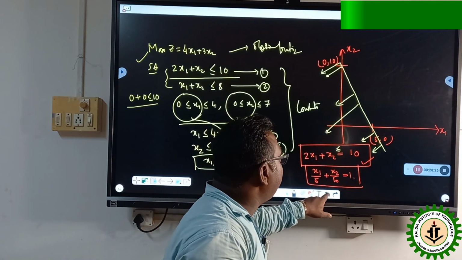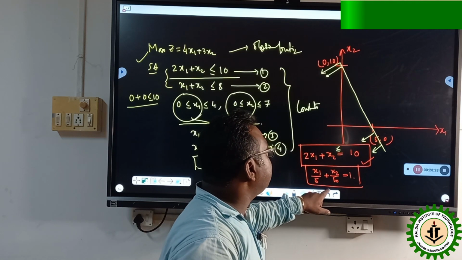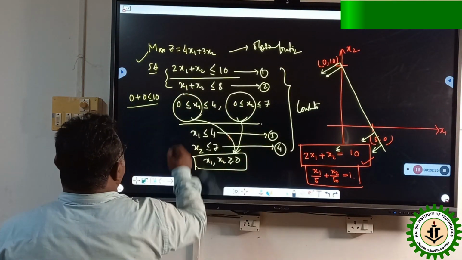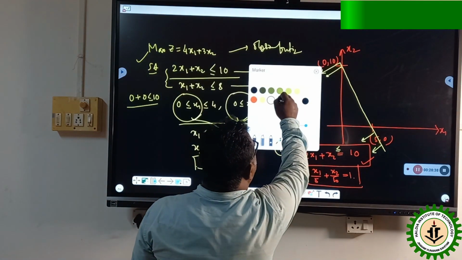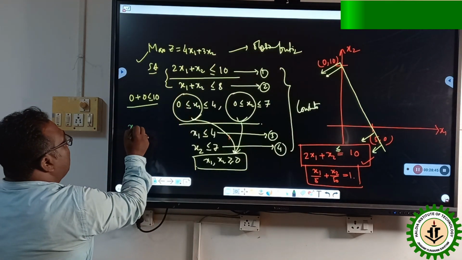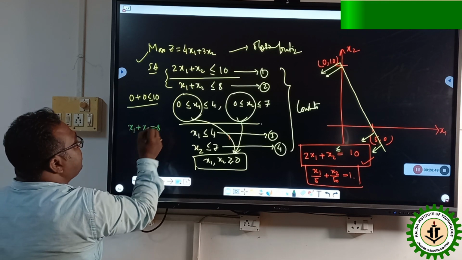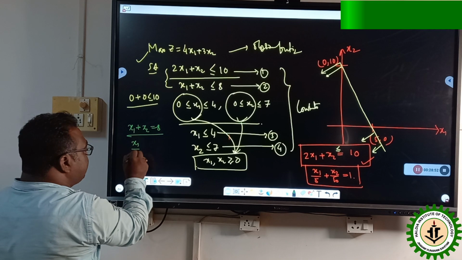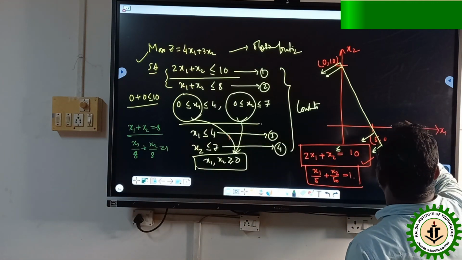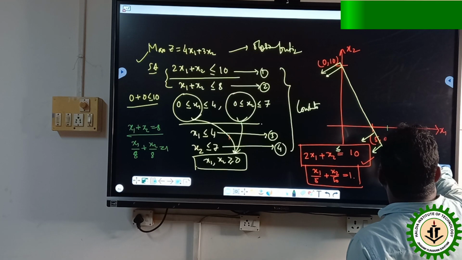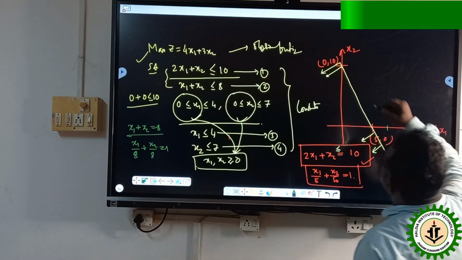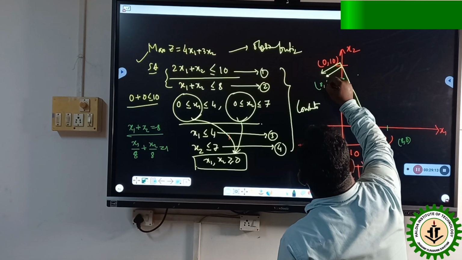So in that way we get the region of the first constraint. Now consider the second constraint. From it you get x1 plus x2 equals 8, meaning x1 by 8 plus x2 by 8 equals 1, so it cuts the axes at 8, 0 and at 0, 8.